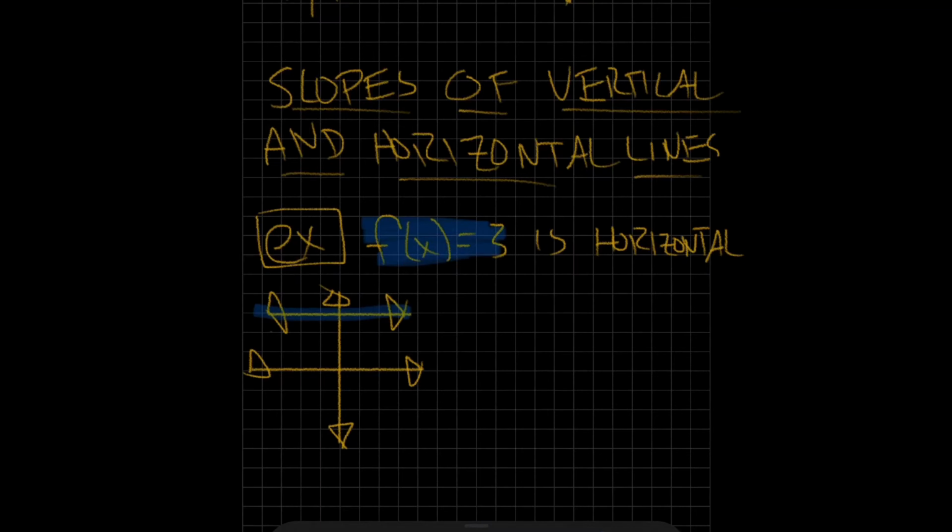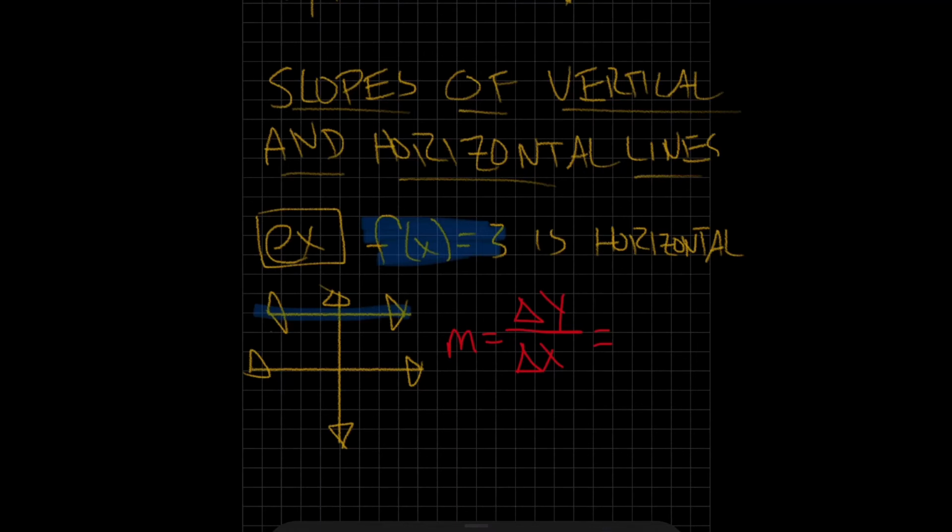And we want to think about what's the slope of this line. Remember always that your slope is the change in your vertical direction, the change in your y values, divided by the change in your x values. And in this case, we're not changing vertically at all.